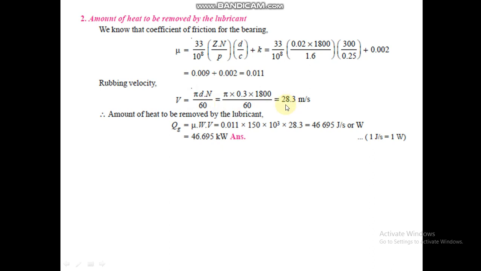Put the values, and it is 28.3 meter per second. Then you have to find the heat generated, that is mu W v. Put the values of mu, W and velocity, and this is your answer, 46,695 joule per second, or we can say watt, and then you can convert it into kilowatt. So this is your numerical.